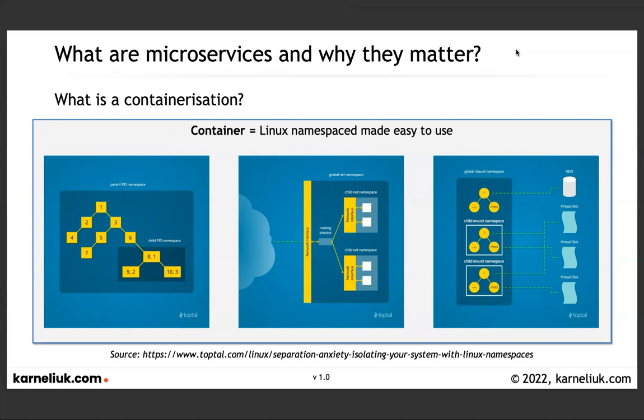So the container, to put it very simply, is a namespace, a collection of processes, with child namespaces, network namespaces, and mount namespaces, where from the container perspective you see only things existing in your namespace, while from the operating system you see things outside of the container and things from the target container.